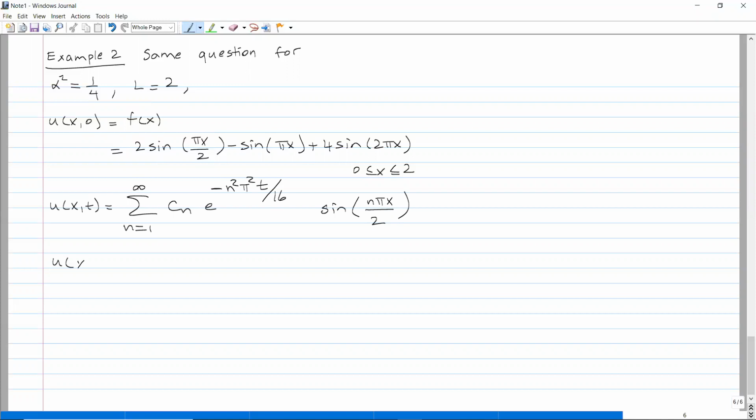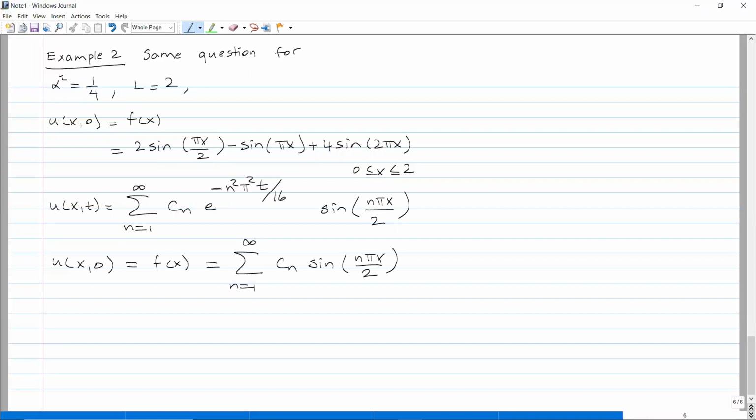And when I put t equals 0, I need to get the function f. For the series, when I put t equals 0, the exponential part becomes 1. So Cn of sine n pi x over 2.